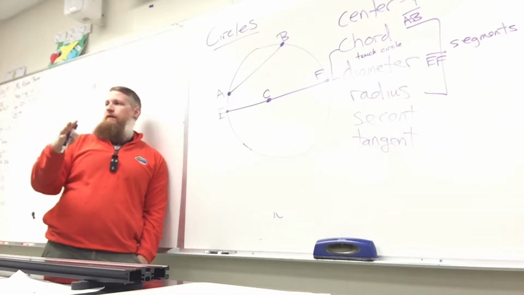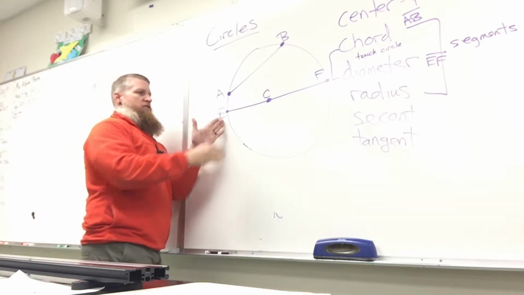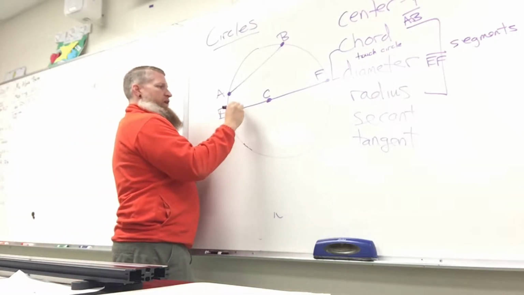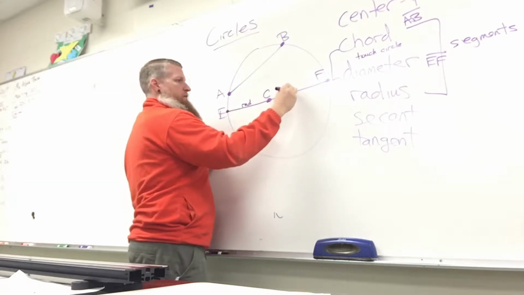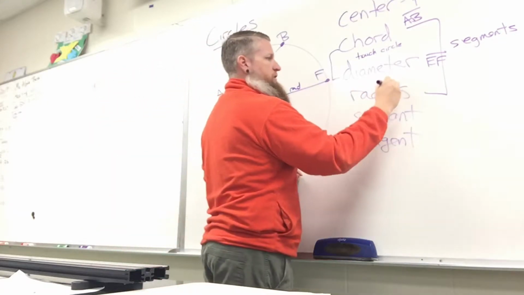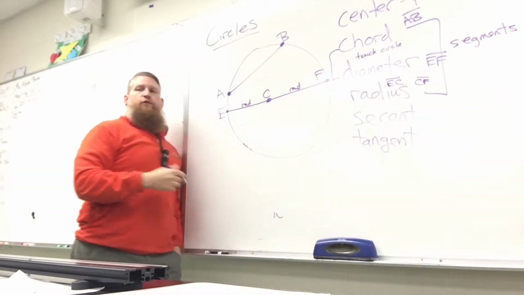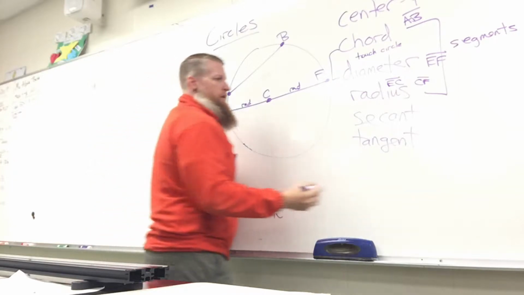So radius is half the diameter. So if I know where the diameter is, I can just look at the point from where it hits the circle to the center to identify a radius. Okay, so you got EC being a radius and CF being a radius. Alright? And that accounts for all the segments you guys would see.